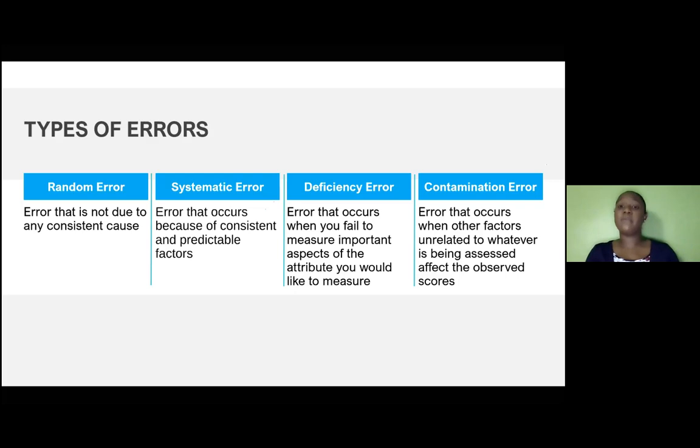Instead of judging them on their performance, they judge them based on, okay, we went to the same school or we go to the same church, so therefore I will score you highly. That has nothing to do with their job performance, and therefore it would be considered contamination error.